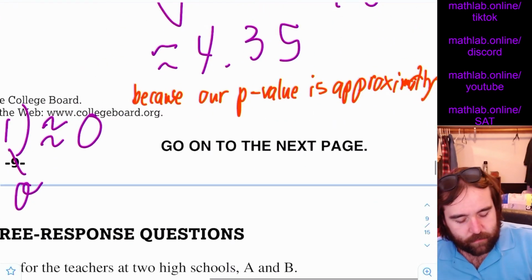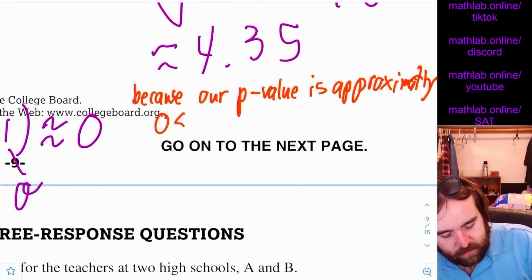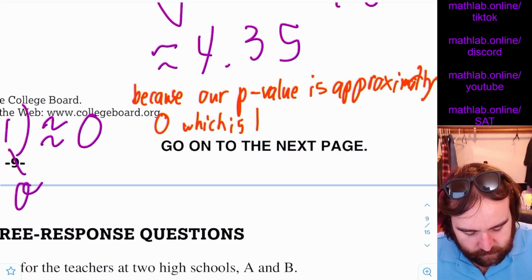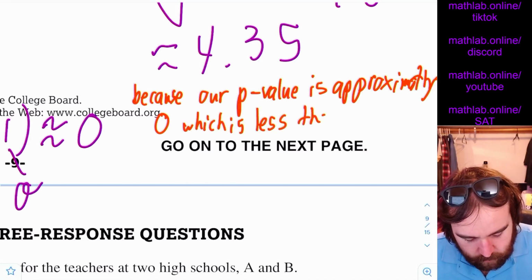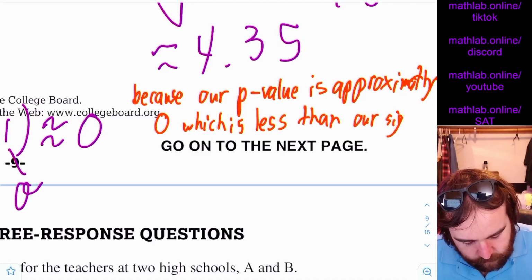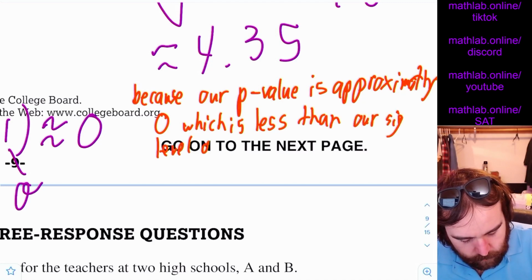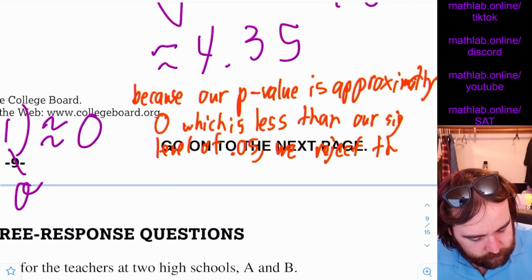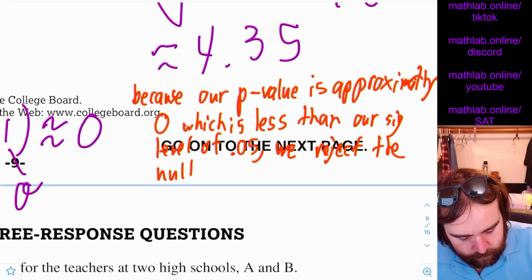Because our p-value is approximately 0, which is less than our sig level of 0.05, we reject the null.